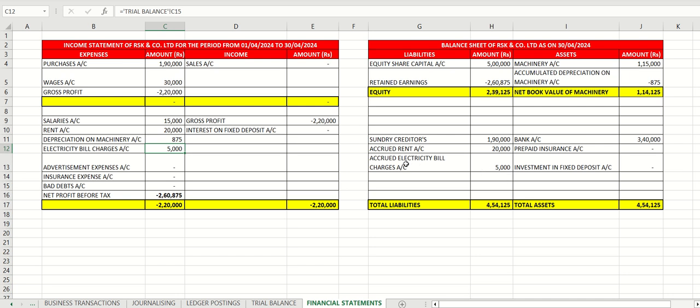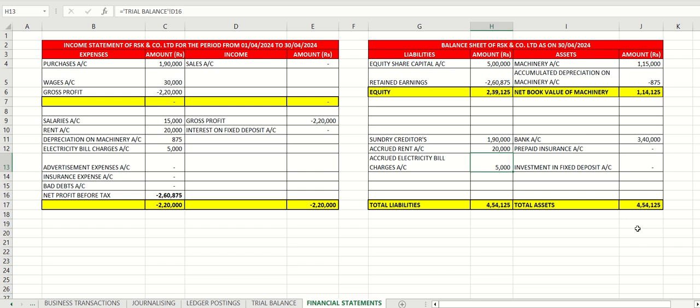So due to that, we have been showing it as a current liability under the current liabilities on the liability side of the balance sheet. The total balance shown under the asset side should get matched up with the total balances shown under the liability side of the balance sheet. There shouldn't be any discrepancy.